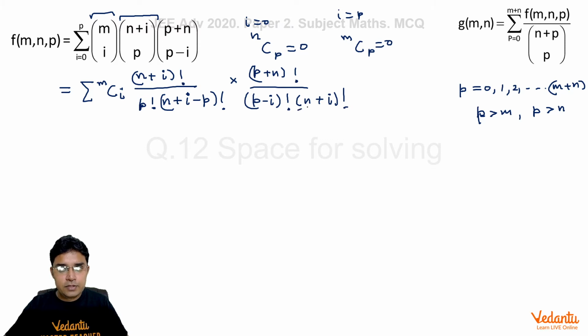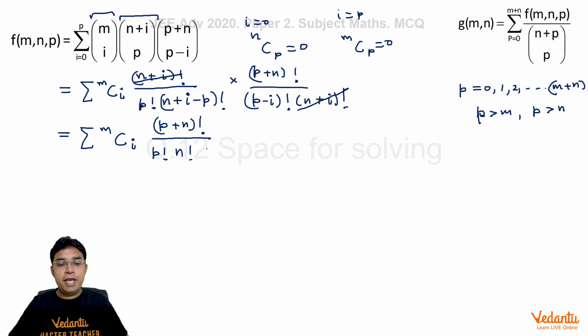So this n plus i factorial will get cancelled. So here I can write sigma mCi into p plus n factorial upon p factorial into n factorial. This n factorial I am multiplying here, so I will be multiplying in the numerator also. Then it will become n plus i minus p factorial into p minus i factorial.